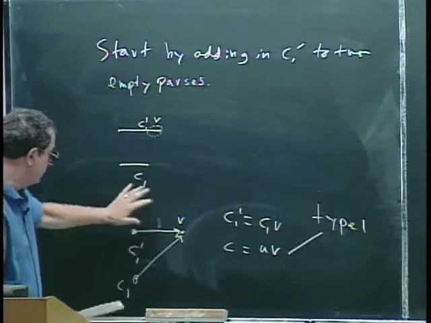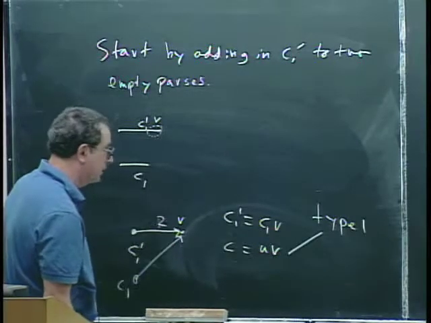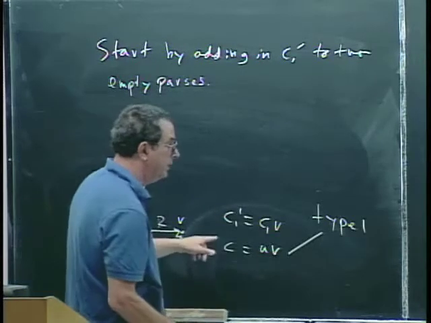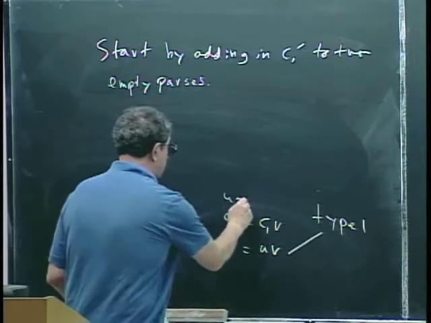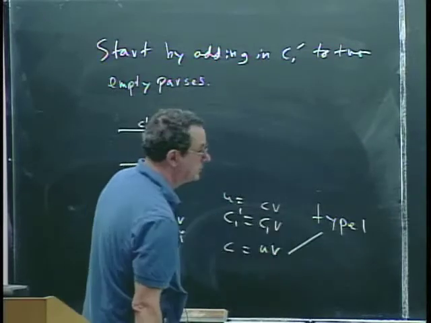Yes, we should interpret this as a type 2, because this looks like U equals CV. So type 2.